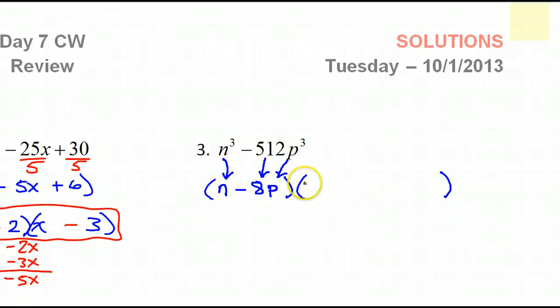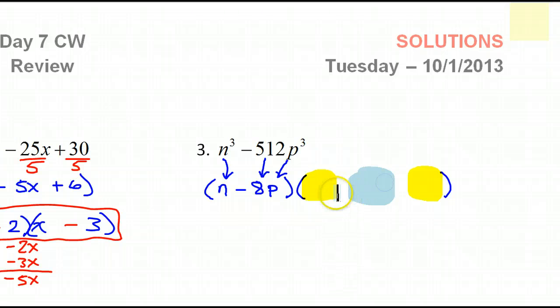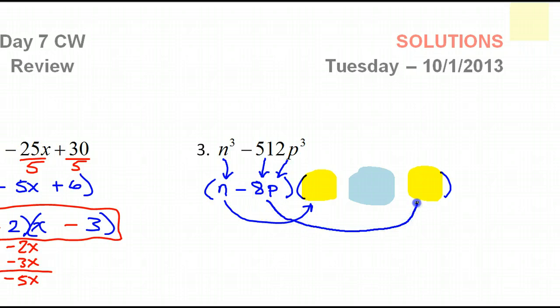Now, once you've got your binomial, you can use that to get your trinomial. Trinomial has 3 parts to it. It has a beginning, an end, and a middle. Okay? Now, I'm putting the beginning and end as both the same color because we're going to do those both at the same time. Basically, if I want the beginning and end, I'm just going to square the terms of the binomial and put them here.